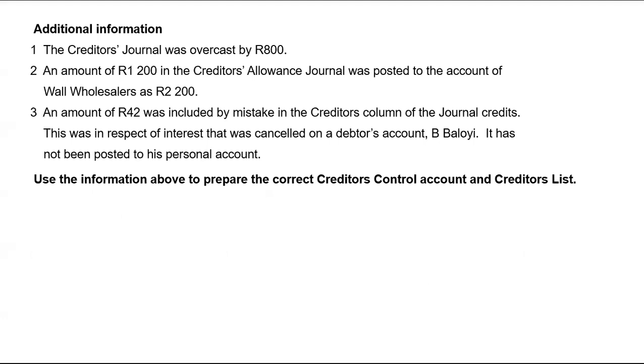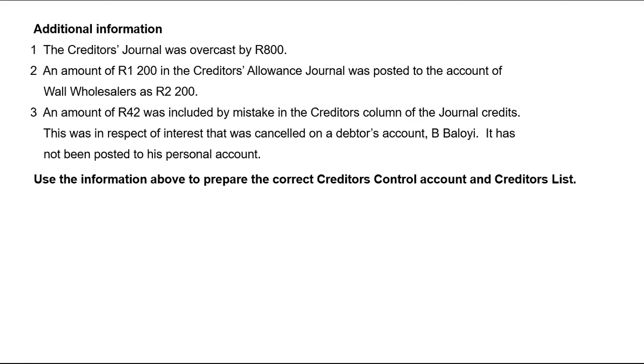They said an amount of 1,200 in the creditors allowances journal was posted to the account of World Wholesalers as 2,100. So World Wholesalers was reduced. We reduced what we owe them by 2,200 instead of reducing it by 1,200.